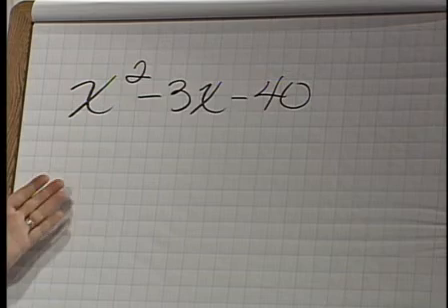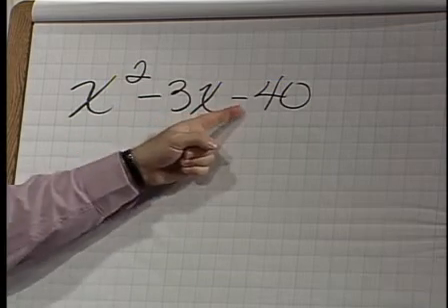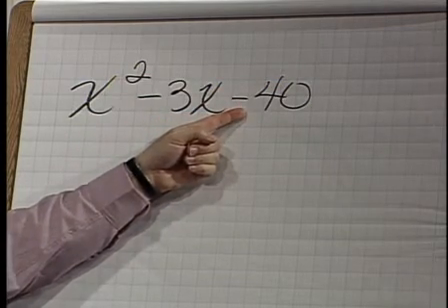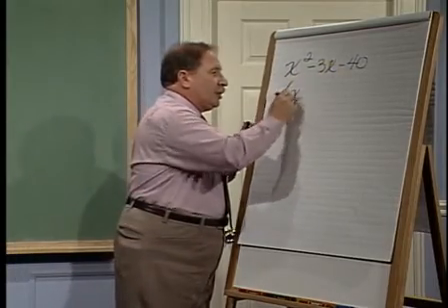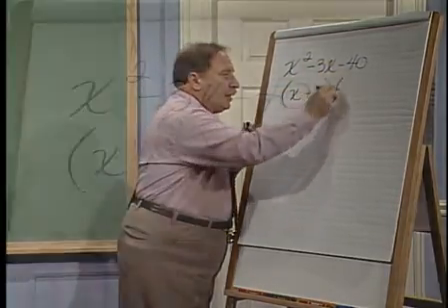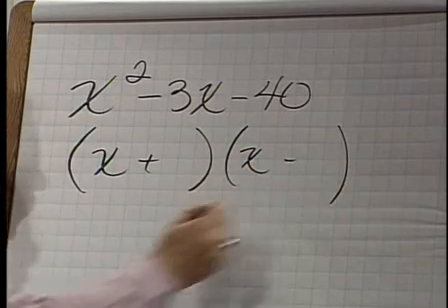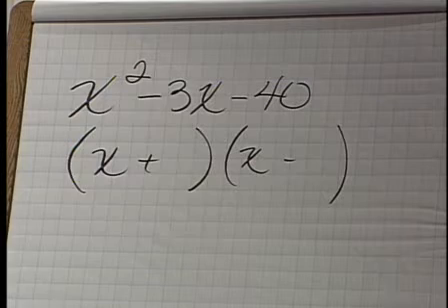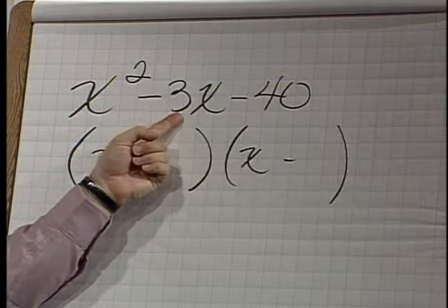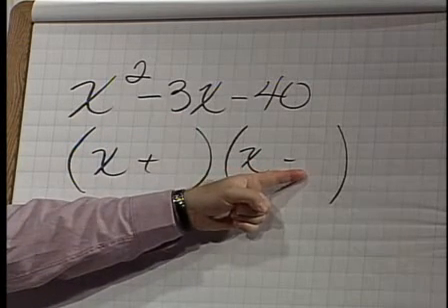I look at that and I say, this is negative, which means my numbers must be opposite signs. So I can go ahead and put the parentheses x plus and x minus. Since they're opposite signs, I'm going to subtract. And when I subtract, I'm going to get a 3. And the larger of the two numbers will be the negative over here.